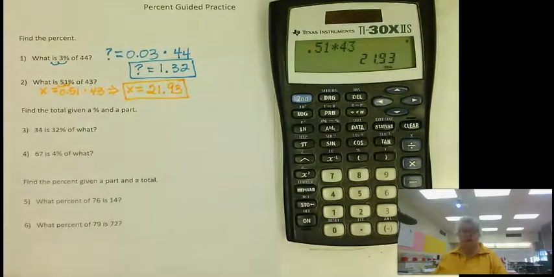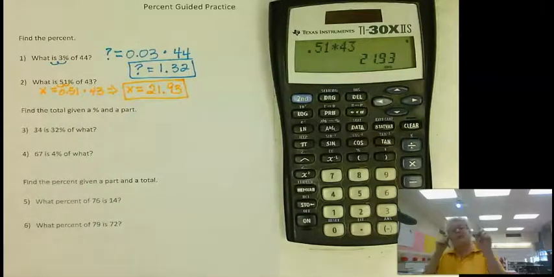Okay? We're good? I certainly hope so, because I'm moving on. Here we go. Find the total given a percent and a part. So I'm going to give you the percent and the part, and you've got to tell me what the total is. So this is kind of what we did, but not.